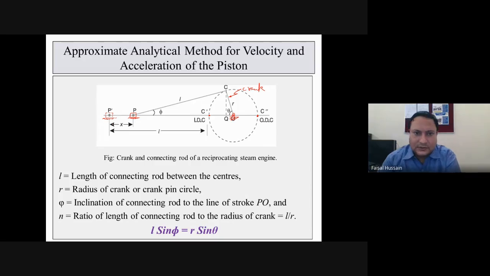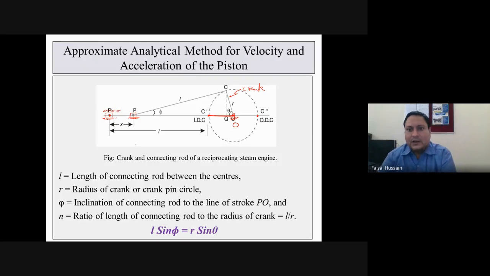Now for example, when this crank OC will overlap at this position, it will become O2 C dash. So now the position of crank will be like this. So from here up to this distance, this will be the connecting rod. So C dash and P dash will be your connecting rod, and this is the maximum limit of the piston.